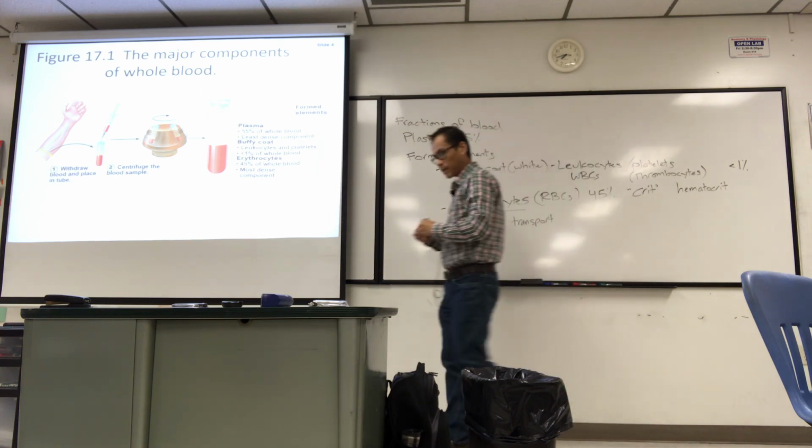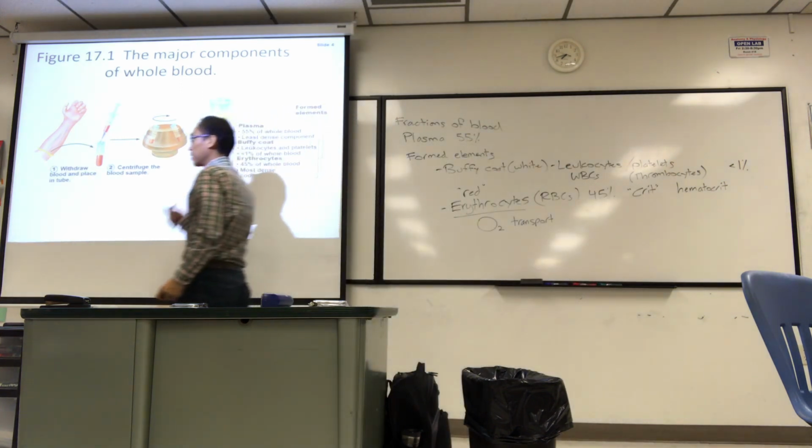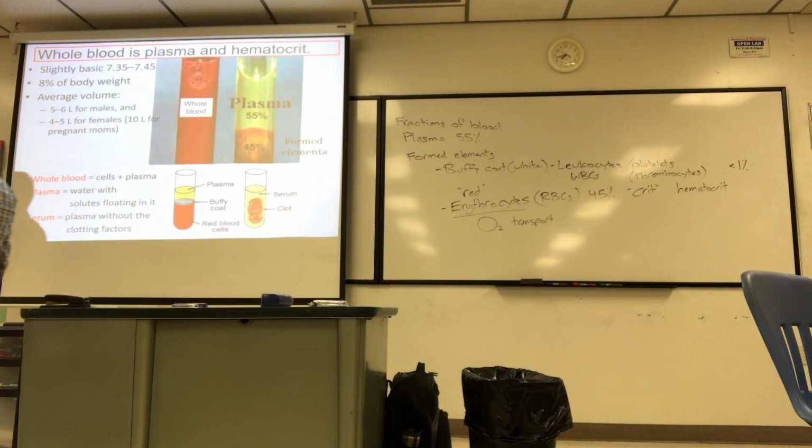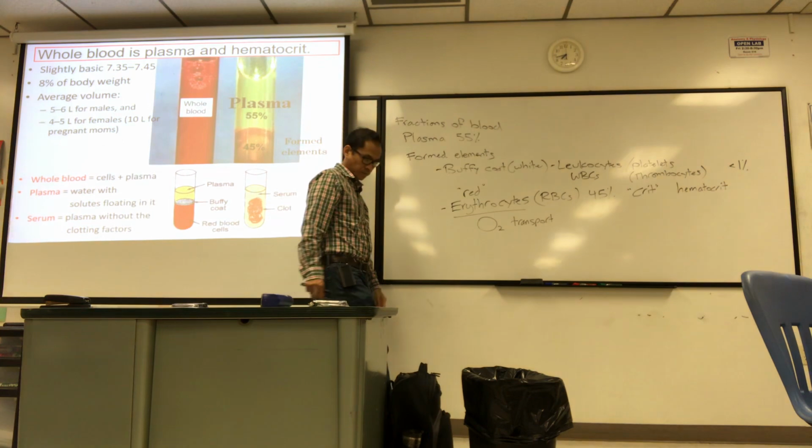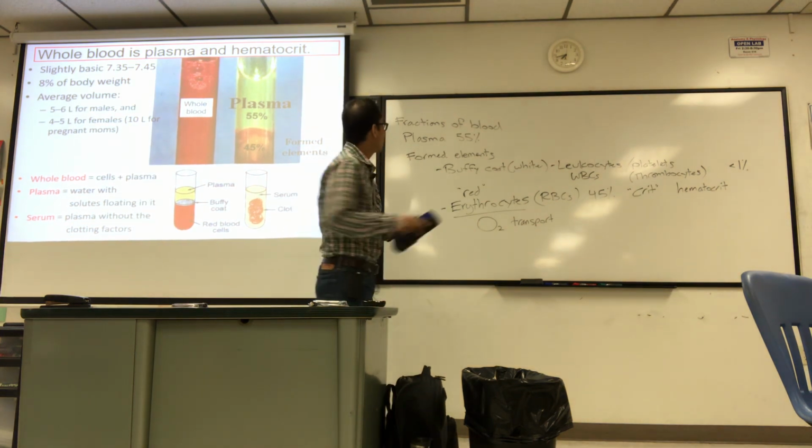Okay, well, I'll get into gas exchange later. Let's continue on with what blood looks like, its properties. It's slightly basic, 7.35 to 7.45, that's the pH range.